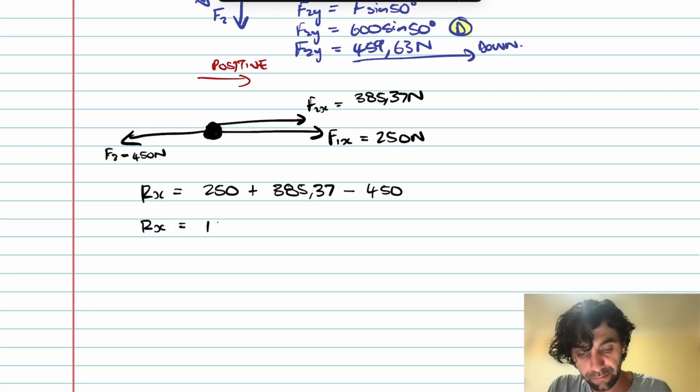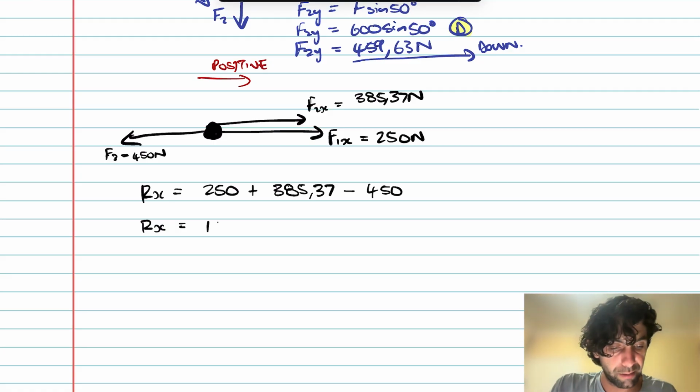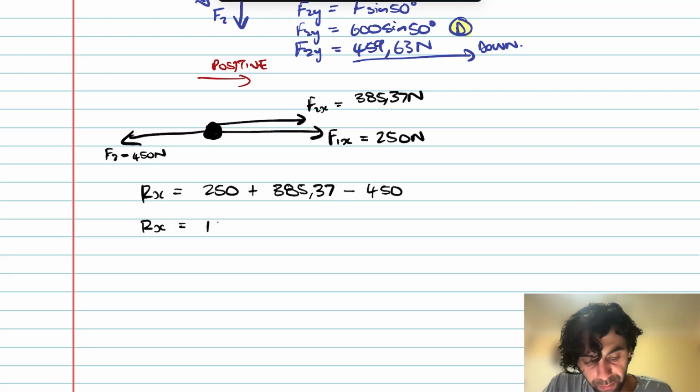And maybe I could even draw you a quick free body diagram that has those two forces here. So one of them is acting upwards, that is F1y, which is 433.01 newtons, and the other one is acting down, F2y, which is equal to 459.63 newtons.